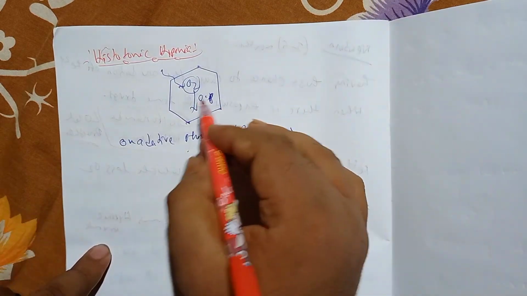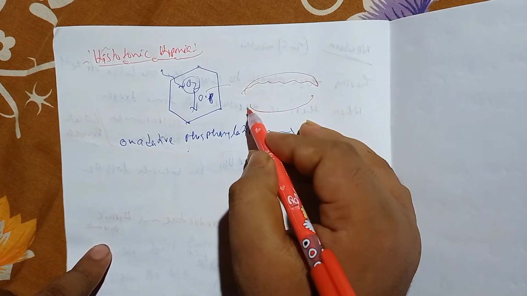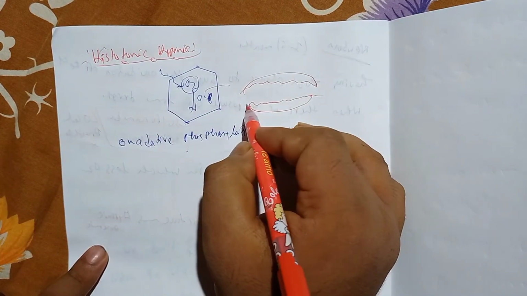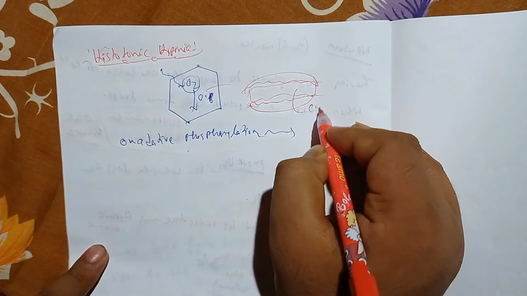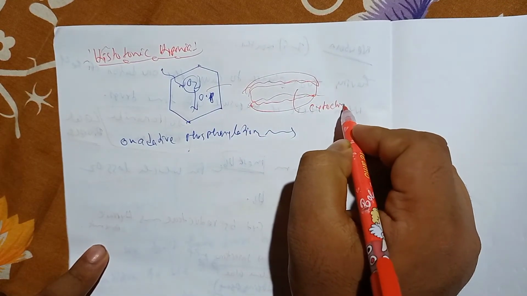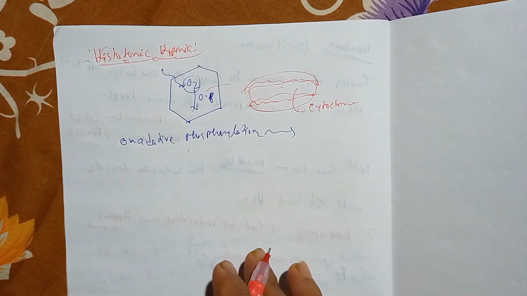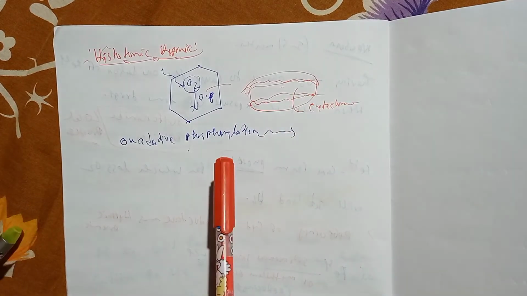If we just consider the mitochondrial systems, there is cytochrome, maybe complexes, in the electron transport chain, you will see it like this.